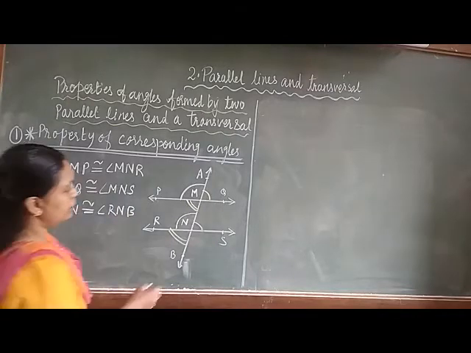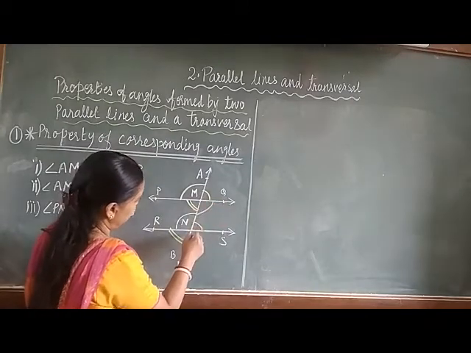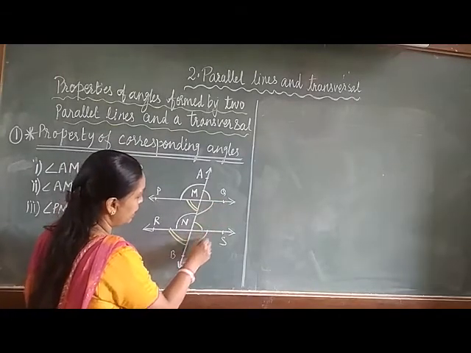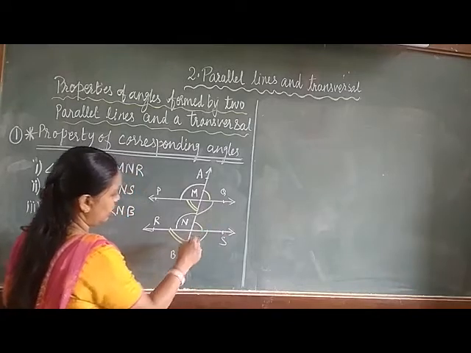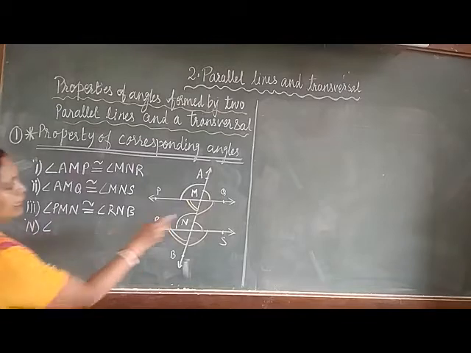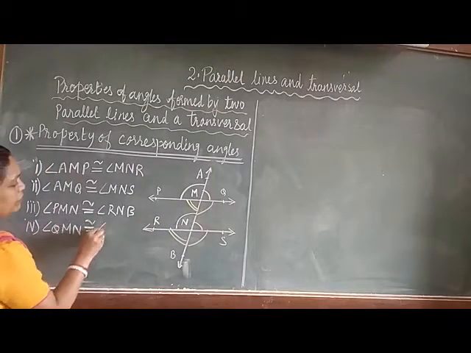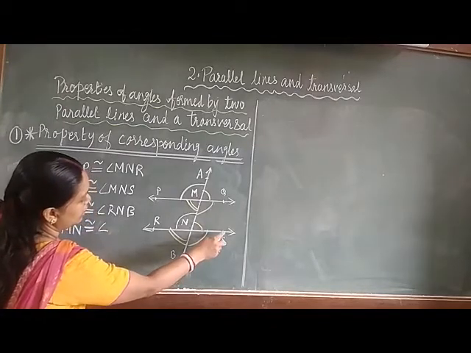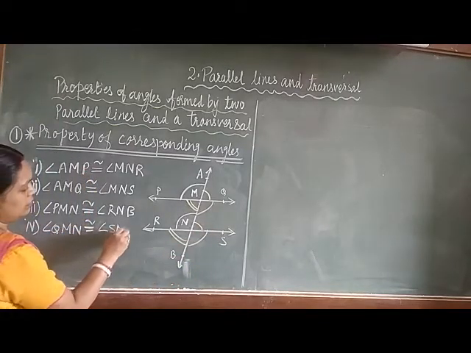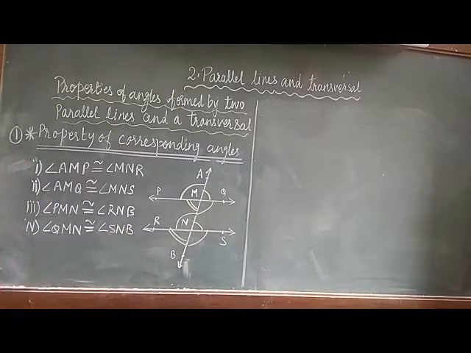The next one, take this angle QMN, is congruent to angle SNP. So I will write the fourth one: angle QMN is congruent to angle SNP. Got it? That means pairs of corresponding angles are congruent.